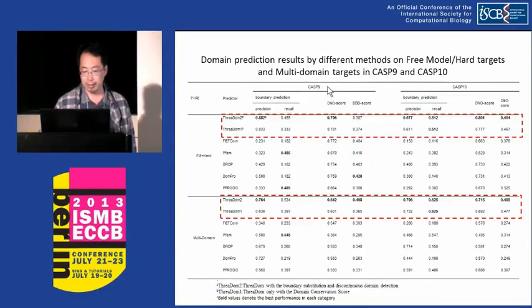In CASP 9, we found similar results in the multiple domain categories, but in free modeling and hard targets of CASP 9, the recall and the DBD scores are not the best. In total, I think ThreaDom has a reasonable performance for this test.